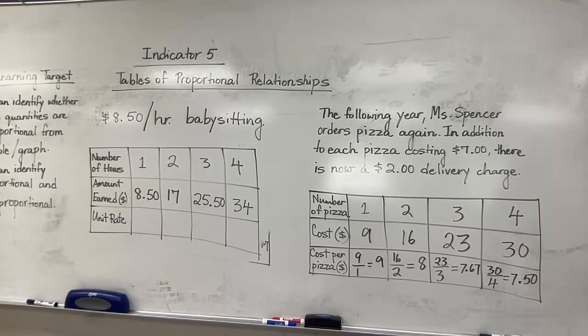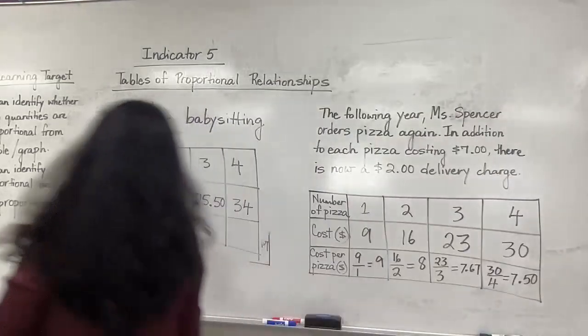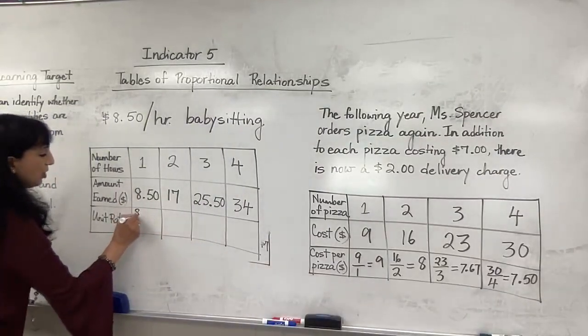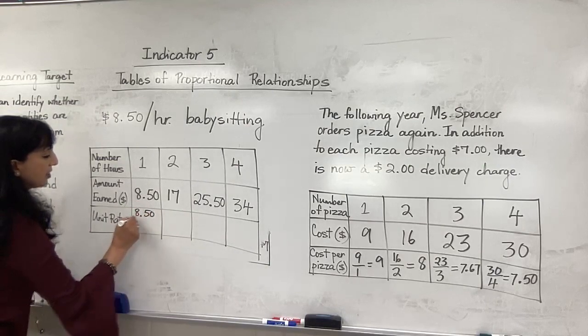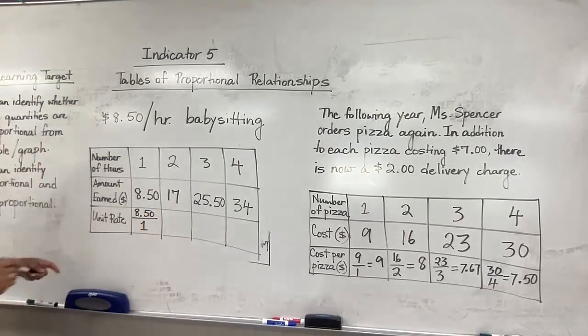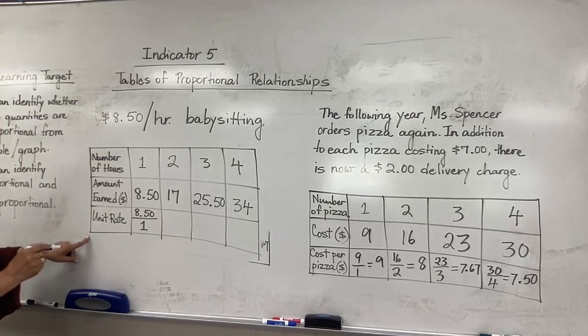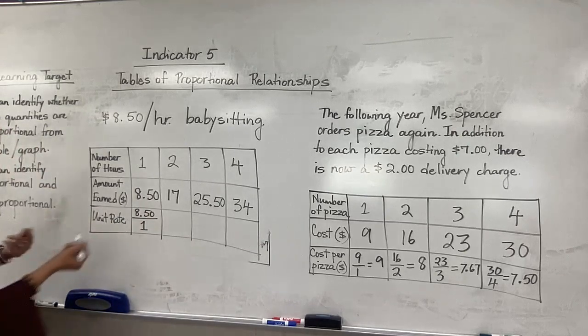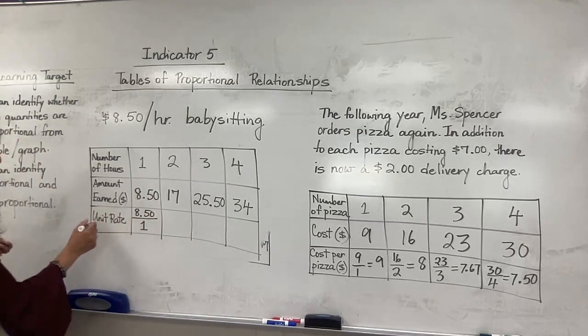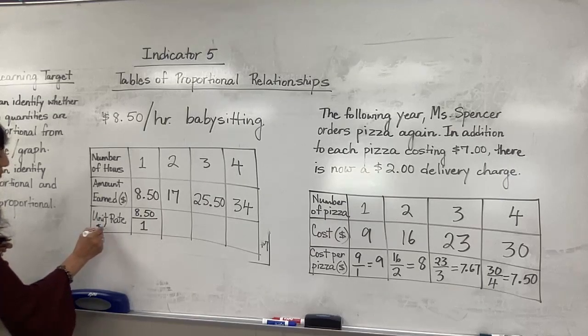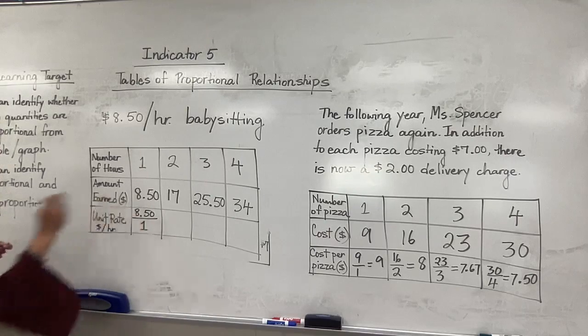And the relationship between the amount earned in dollars and the hours spent babysitting for each number of hours is shown as, if I do this, it is going to give me $8.50 over 1. Okay, so this is for 1 hour. And this is going to be the dollars over hours. That is my unit rate.